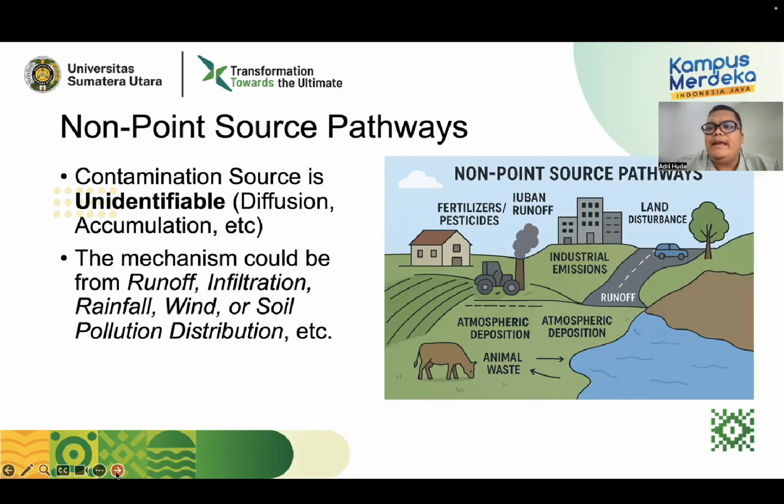The second pathway is the non-point source pathway. This is different from the point source pathway, where we can see the pathways of the contamination process. In the non-point source pathway, the contamination source is unidentifiable, meaning that we couldn't claim that this source of pollution is coming from one activity or one area.